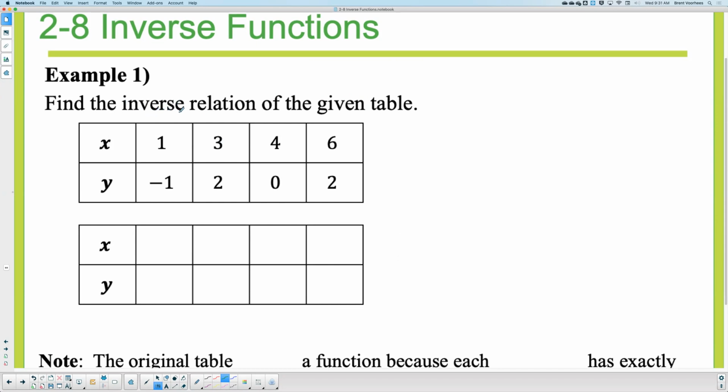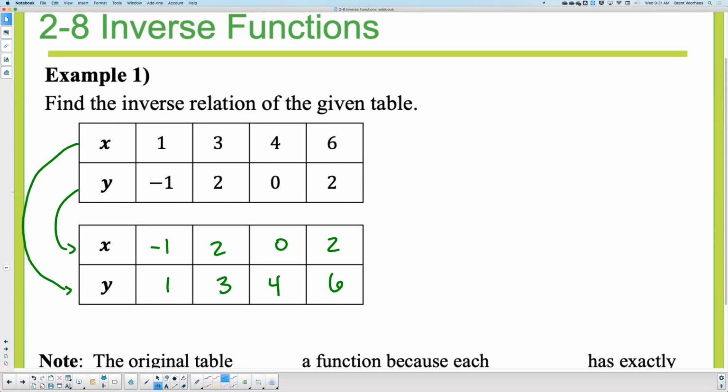It says find the inverse relation of the given table. You would switch x and y. Now, before I just fill this in, I have a question for you. If I switch x and y, and the y's become the x's, are these in order? No. So we could just switch it so the y's become x's, and the x's become the y's. However, it wouldn't be in proper order.